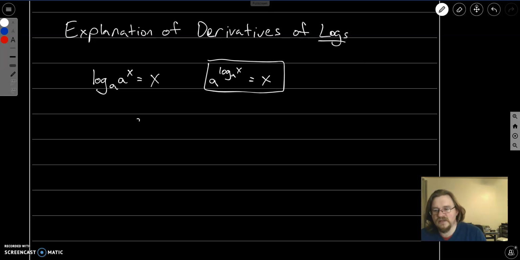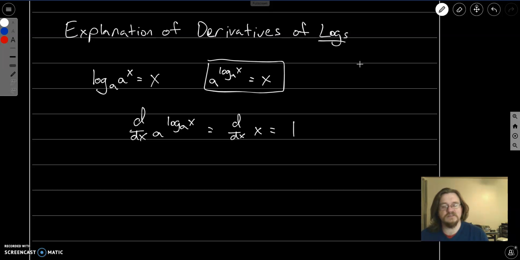So let's take the derivative of a to the log base a of x. Well, firstly, if I use my identity here, this is just the derivative of x, and the derivative of x is just 1. But another way to look at this, if I take the derivative of a raised to a power, I can use my chain rule.